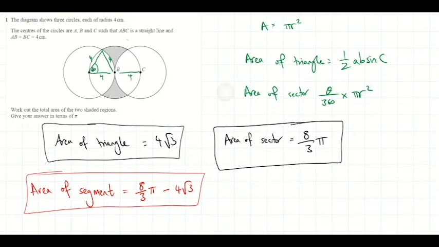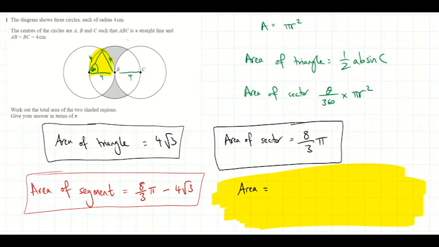Knowing all of that, I can work out the area of this entire weird semicircle looking thing here. That's going to be the area of a sector plus one area of a segment. So we have the area of this sector taken care of, and the area of this little segment.